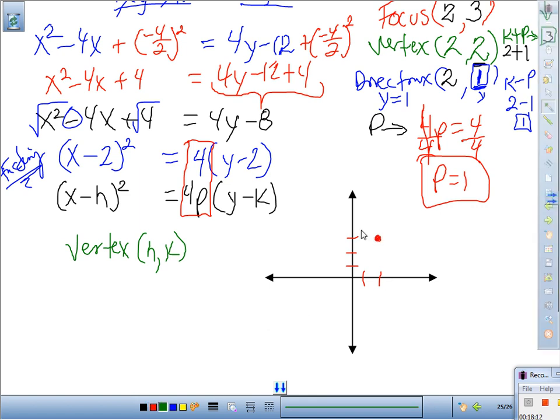What is the vertex? 2, 2. What is the directrix point? 2, 1. Do they all align? Yes. And through what value of y is the directrix going by? 1 of y, right here. So I sketch my line going through there. It's a straight line.